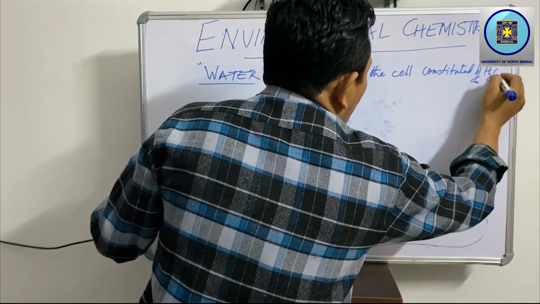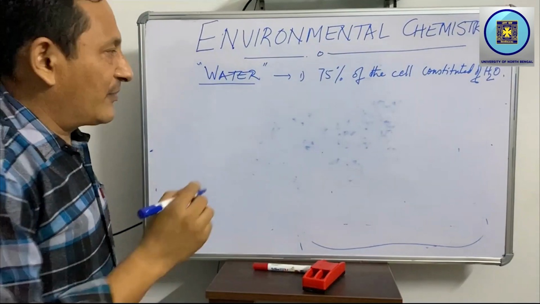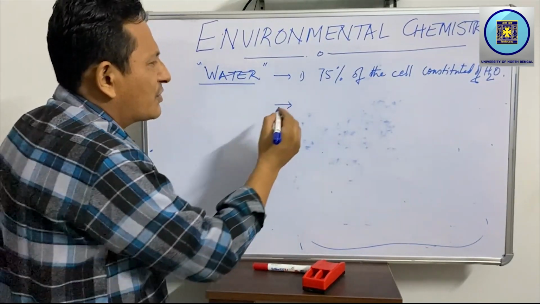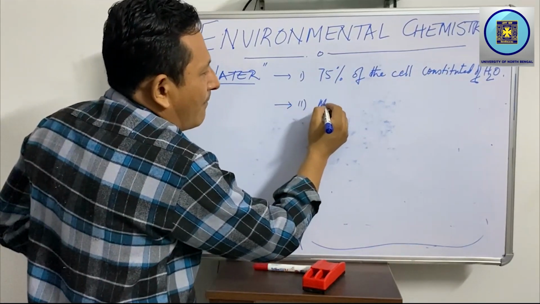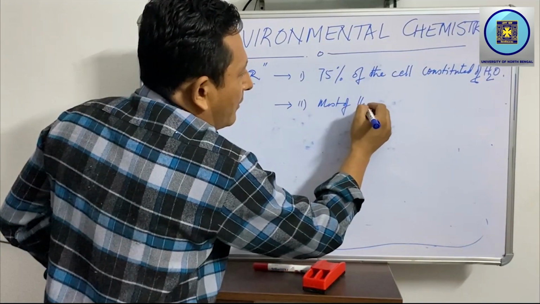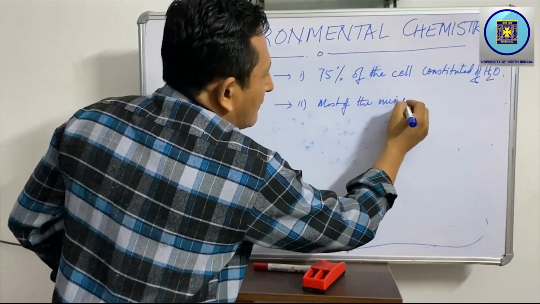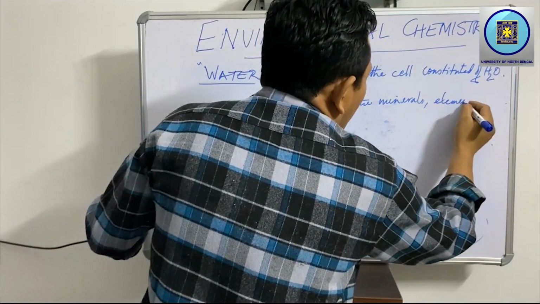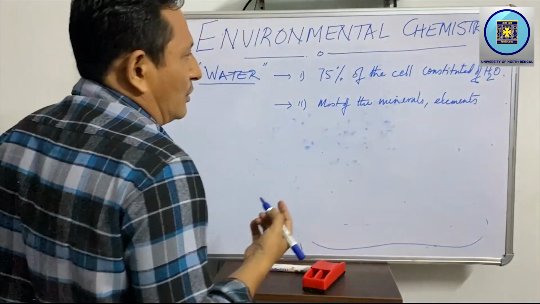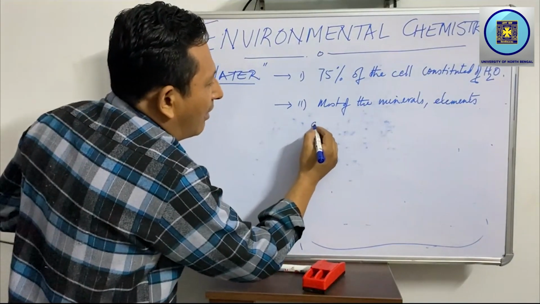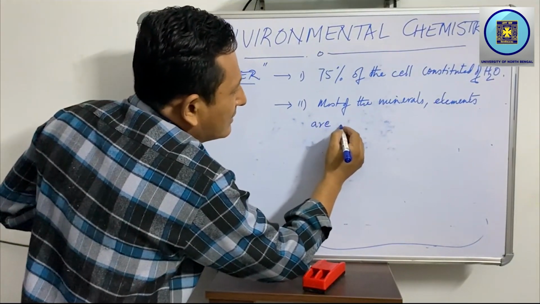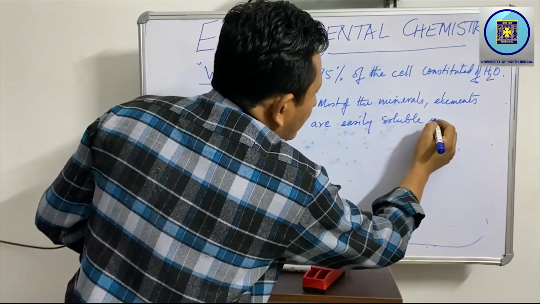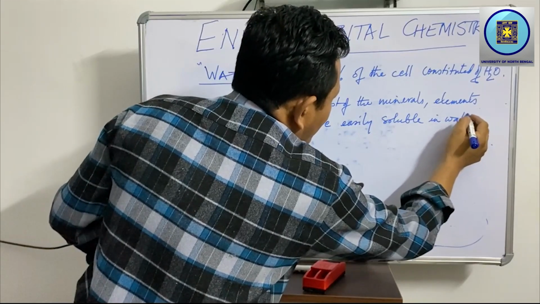I'll read the molecular formula for it. Number one. Number two, most of the minerals or compounds or elements, or whatever you might chemically want to write it as, are easily soluble in water.